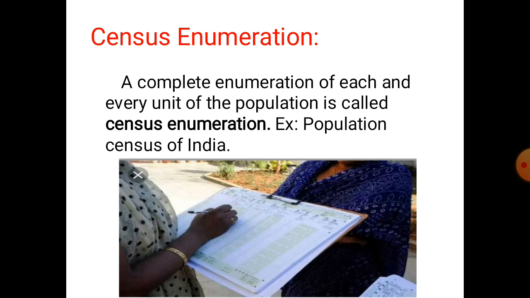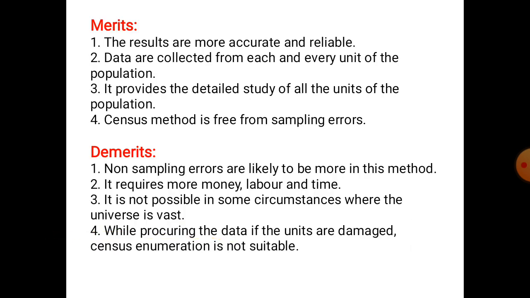What are their educational status, occupational status, marital status, and some other information. So they are going to collect information from each and every unit of the population. So this is one example for census enumeration. Now we will see what are the merits as well as demerits of census enumeration.